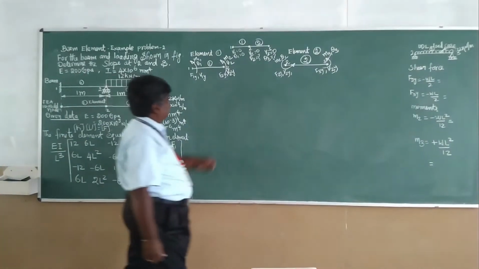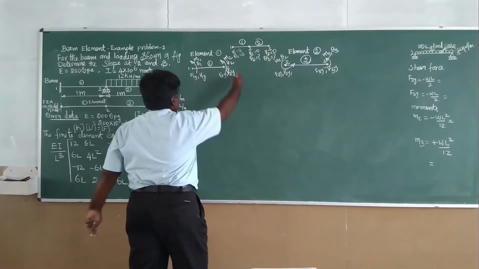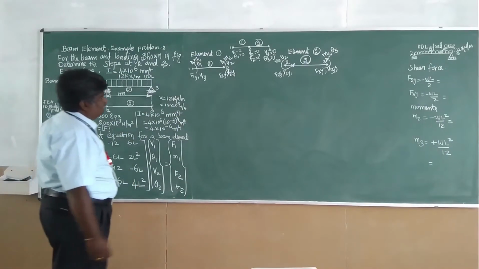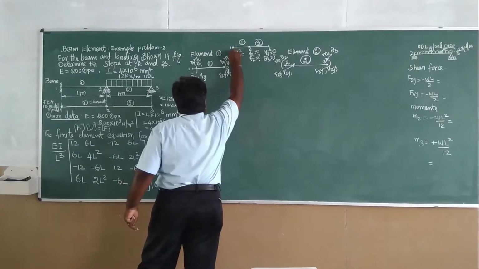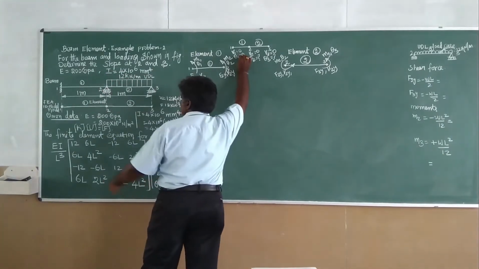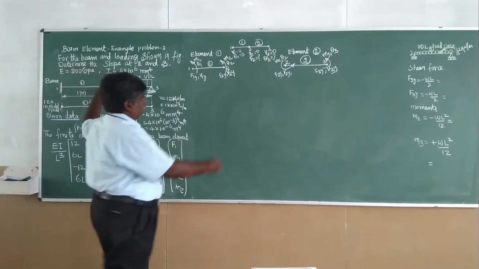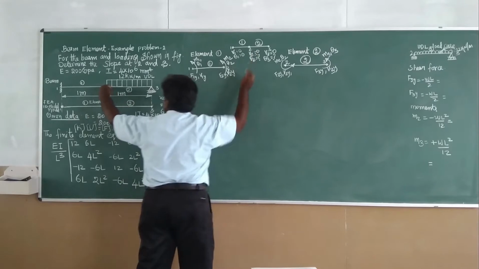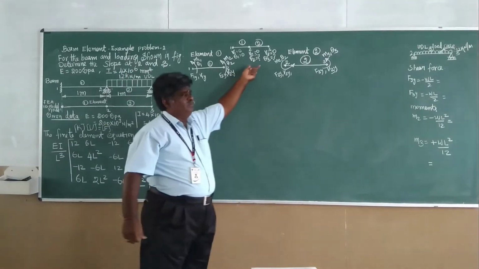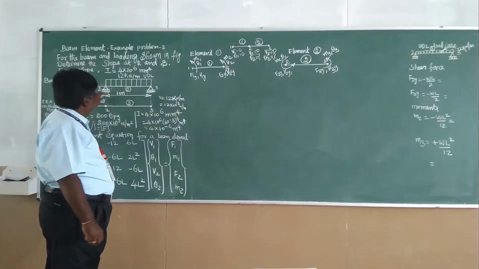First we consider the two elements and three nodes. At node 1, one end is fixed, so deflection is 0 in the y direction and the slope is also 0. At nodal point 2, deflection is 0, but since the support is a roller support, the slope is available at nodal point 2.